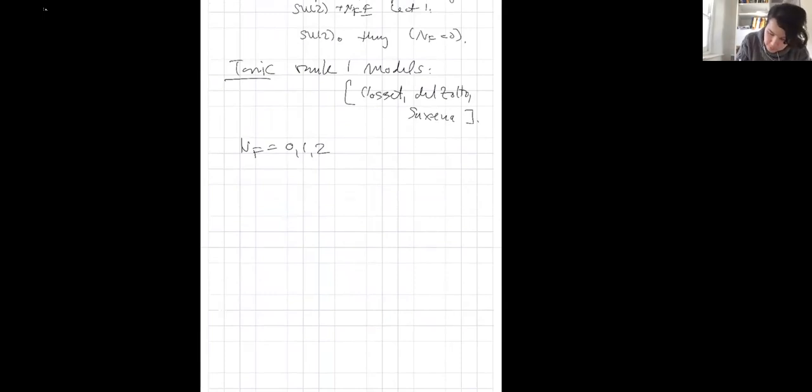So let me just draw these out for you here, and then you can try to construct them yourselves. So they always have one internal vertex. This is the theory, which is SU2 with 2 flavors.